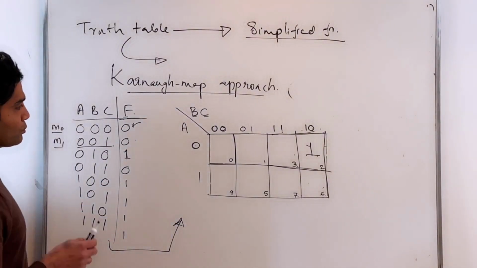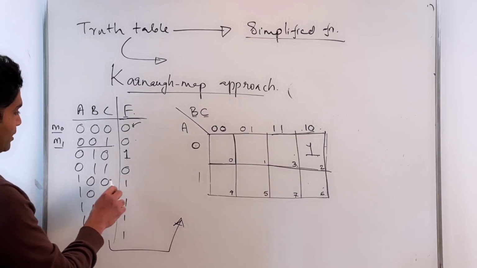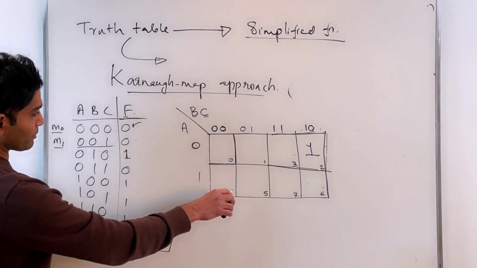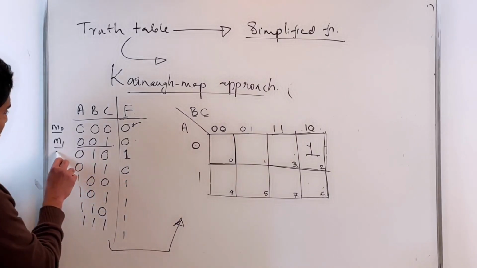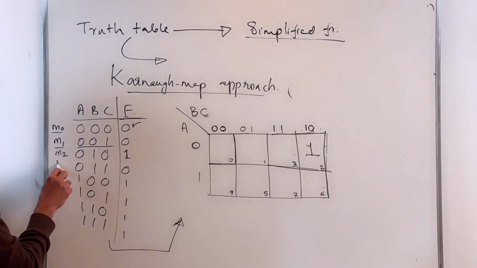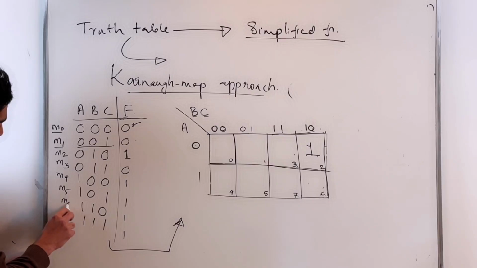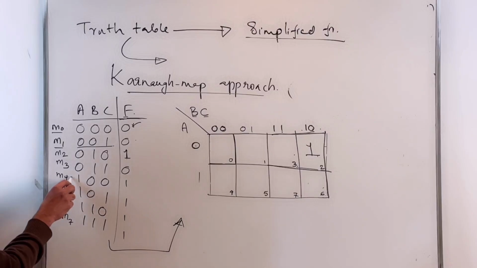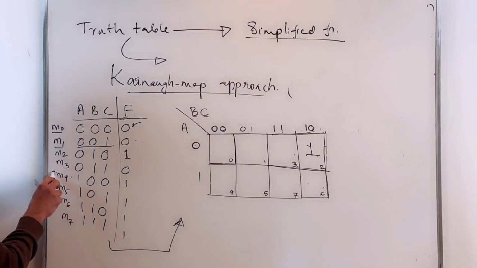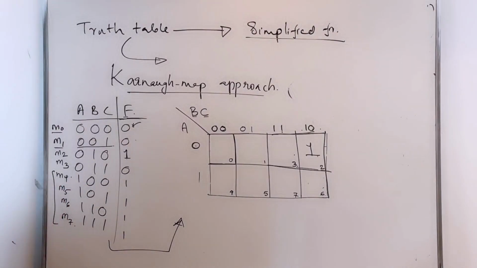My function is true for the 1, 0, 0 combination, or minterm number 4. Let me write those minterm positions as well. So from minterm positions 4 through 7, my function is true.